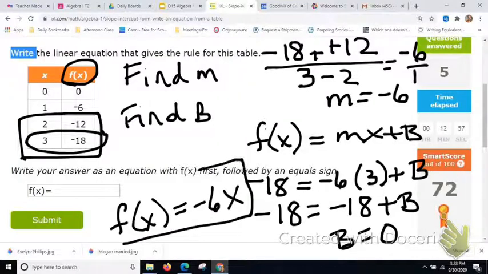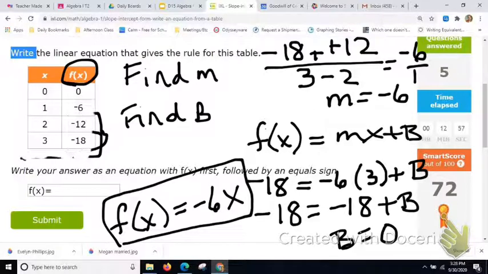So check your table and make sure if you take what's in the left side, if you multiply by negative 6, do you get what's on the right side? So if my input is 0, 0 times negative 6 is 0. That's my output. If my input is 1, negative 6 times 1, that's negative 6.